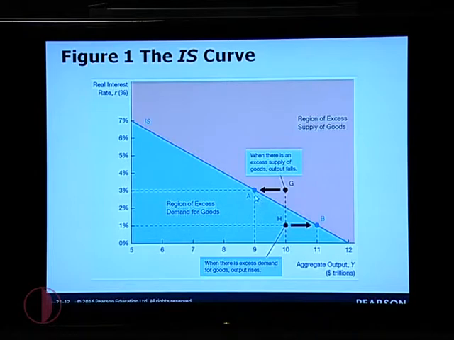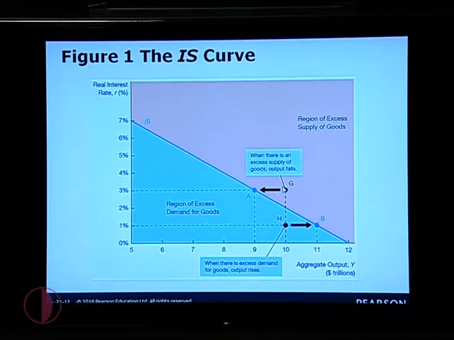Point A on the IS curve was at a 3% level of interest rate, where 9 level of aggregate output was achieved. But at 1%, if it goes to point B, there is an increase of aggregate output from 9 to 11.